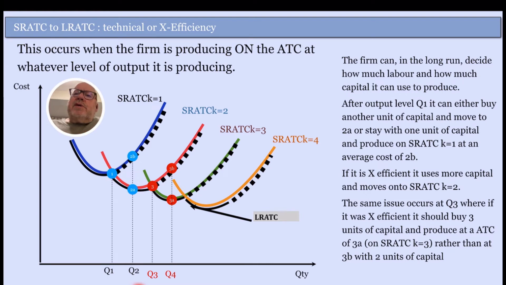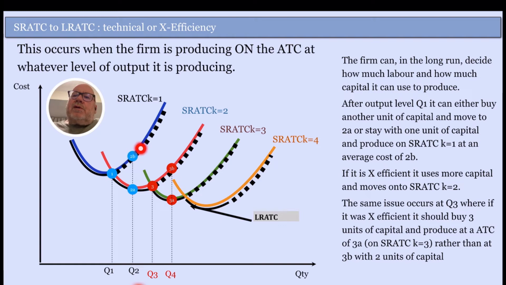And the argument is that as you increase your output here in the firm, you're on this short run average total cost, and then you hit a point here, and the firm then has to make a decision. Now in the short run, all it can do, 1 unit of capital is fixed in the short run. Okay, at least one factor is fixed. We normally call it capital.